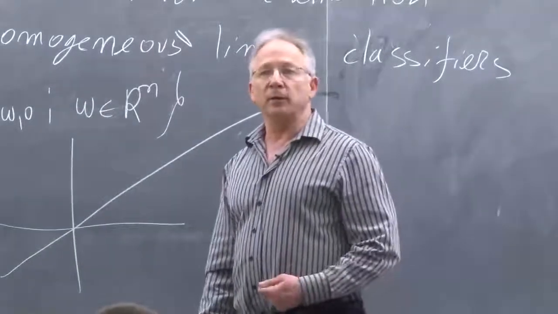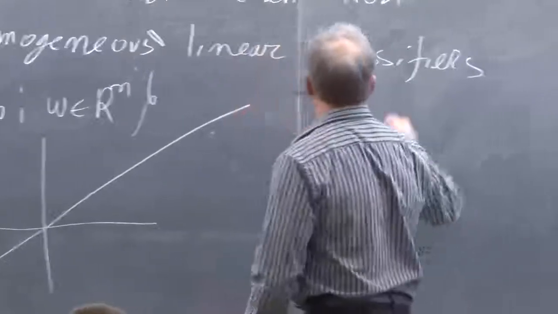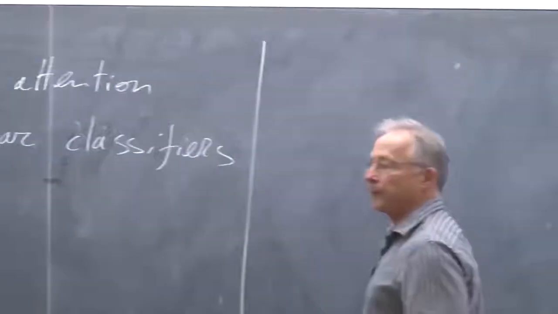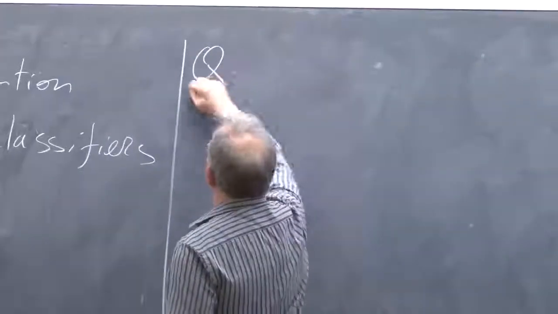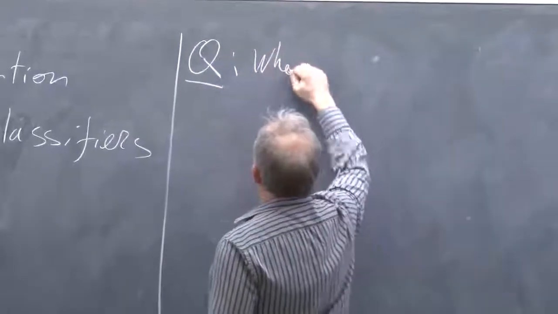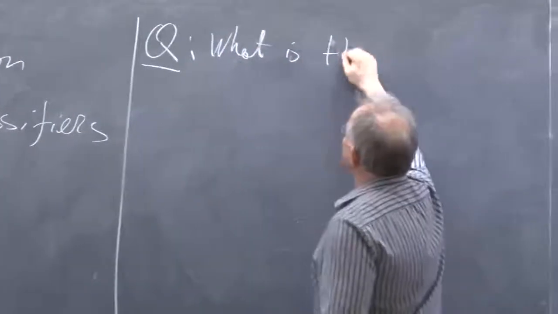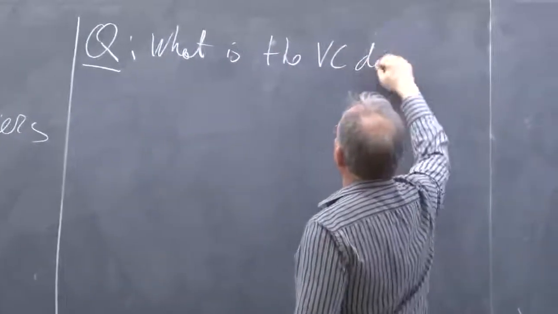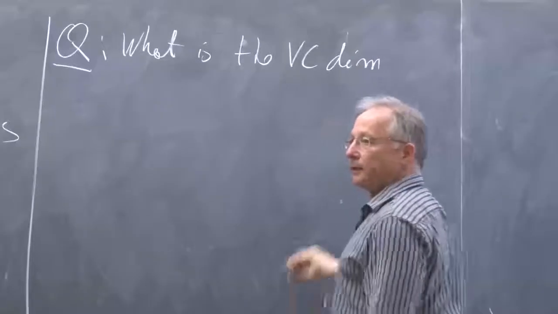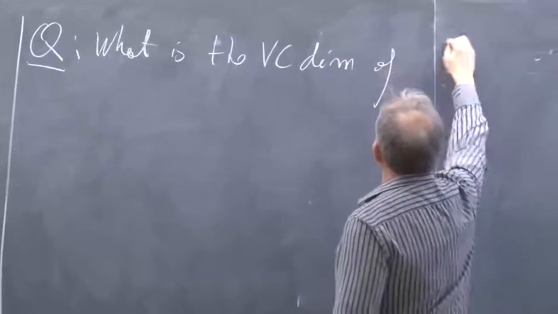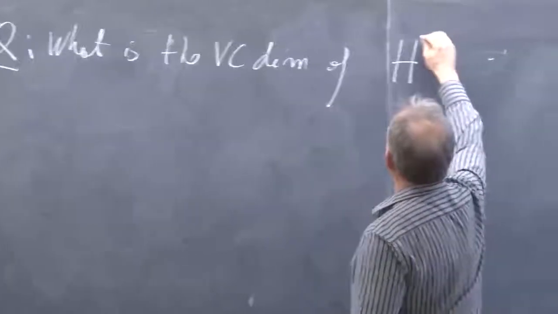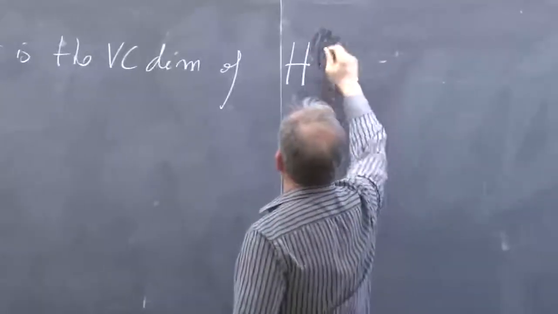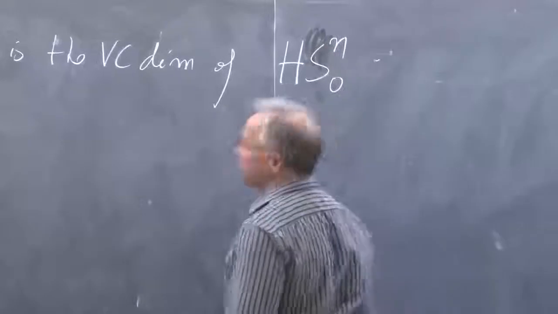And now I'm asking you, what is the VC dimension of this class? The question we want to address is, what is the VC dimension of H_n, half spaces in R^n that go through 0?